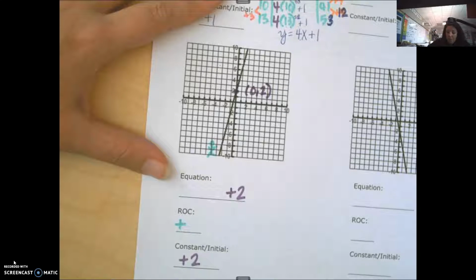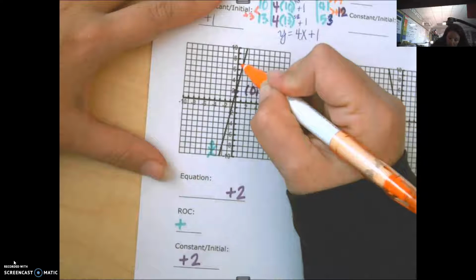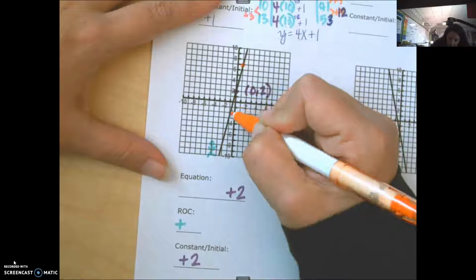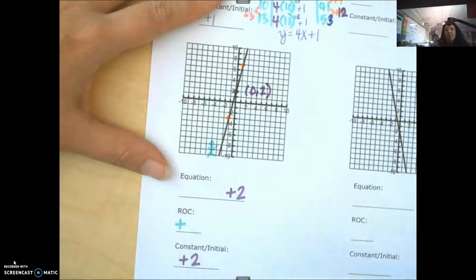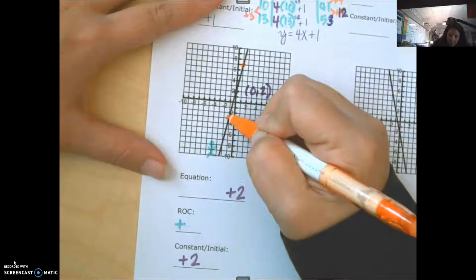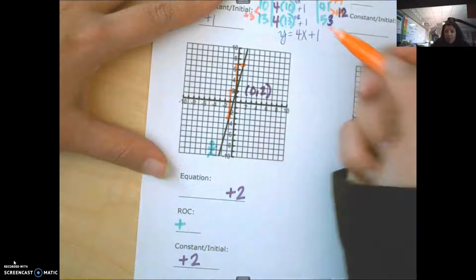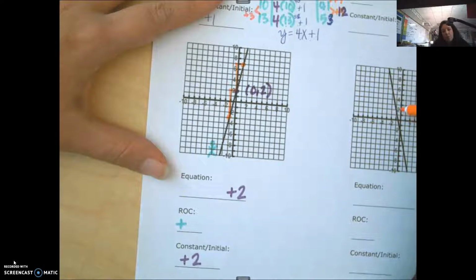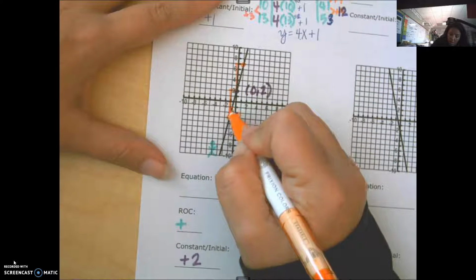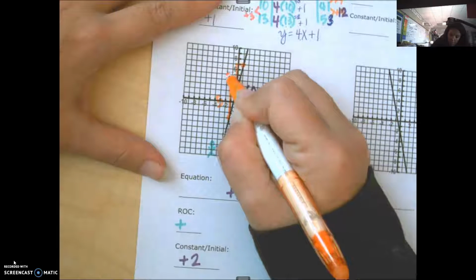So we can use that now to help us find more points where it perfectly intersects the x and y axis and put some more dots there. These are going to help us make our stairs to see how many times we go up and over, up and over. Now these stairs go up and over because it's positive. If it was negative, they would go down and over. We went up 1, 2, 3, 4, 5. We went up 1, 2, 3, 4, 5.